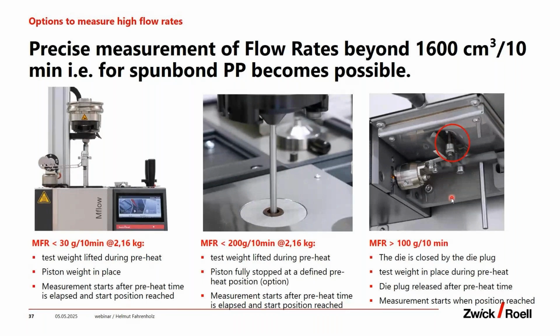So if you can avoid it, but if you have very high flow material like a melt blown polypropylene, for example, you cannot go around it, and you need this die plug. So you have 3 different possibilities for how to work over different ranges of melt flow rates.